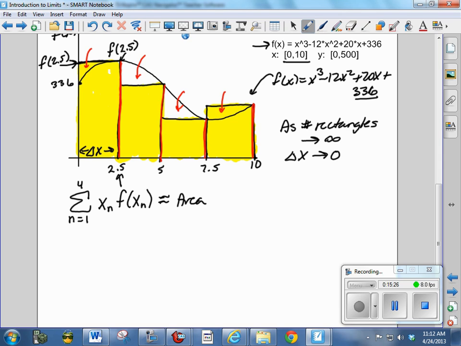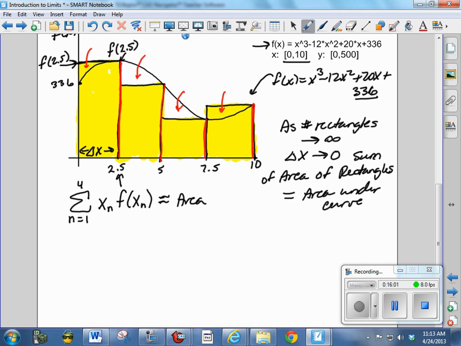So that's a little bit of calculus here. I'm just going to say as delta x goes to 0, the sum of the area of the rectangles equals the area under the curve. Now I'm not going to use any formal limit notation here because I don't want to mess it up by making it not look like what you're going to see next year.